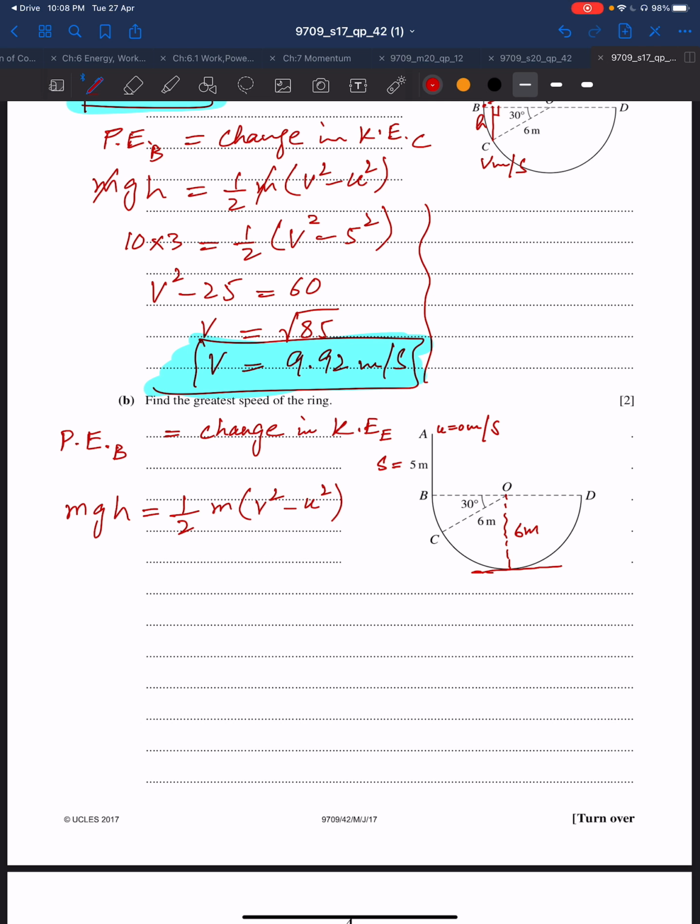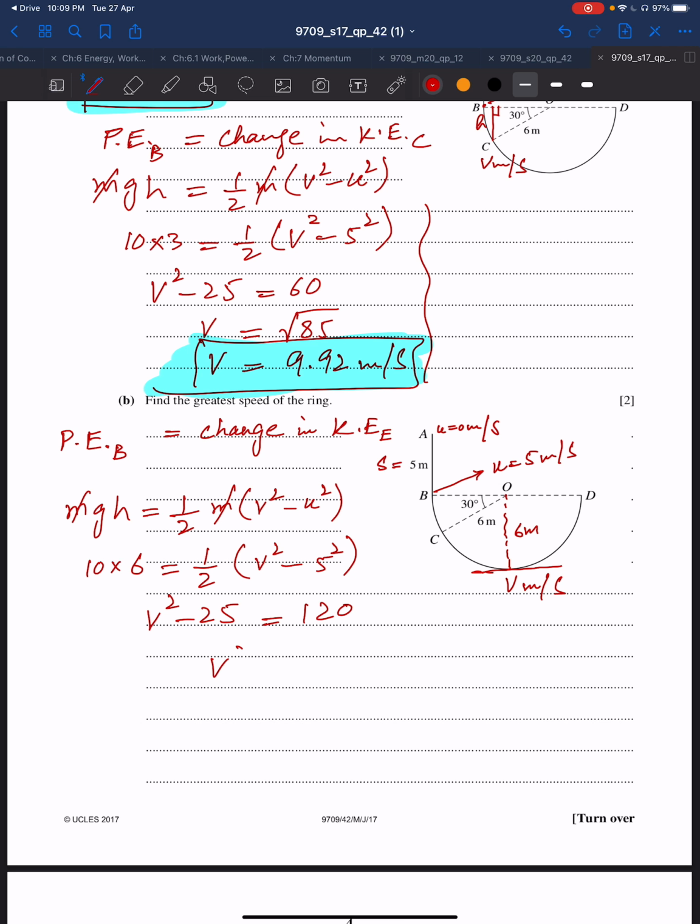You know that at B the velocity was 5 meter per second. Now we have to find v meter per second. So m cancels. This is 10 times 6 is equal to 1 by 2 into v square minus 5 square. So this will become v square minus 25 is equal to 120.